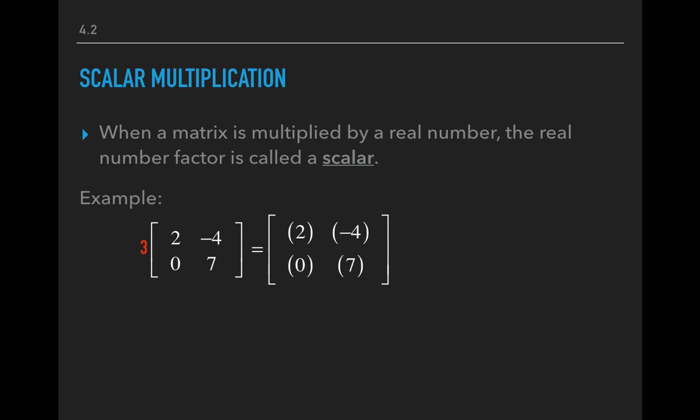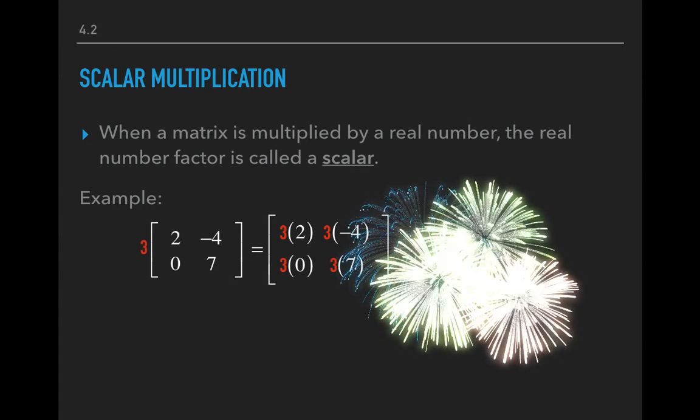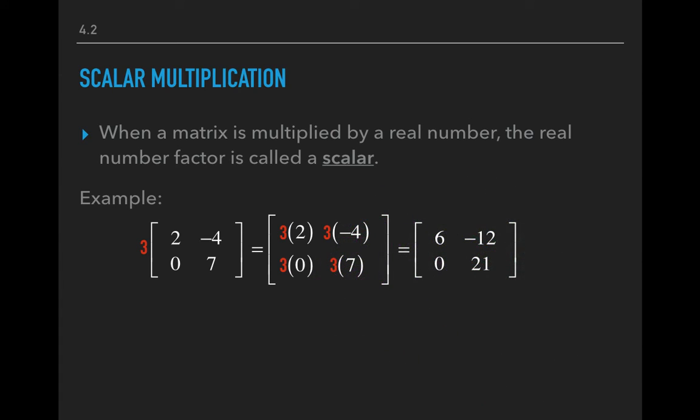What that means is every element in our matrix is going to be multiplied by 3. So you kind of just distribute it to each position in your matrix. And some quick multiplication would give you 6, -12, 0, and 21. And that's scalar multiplication.